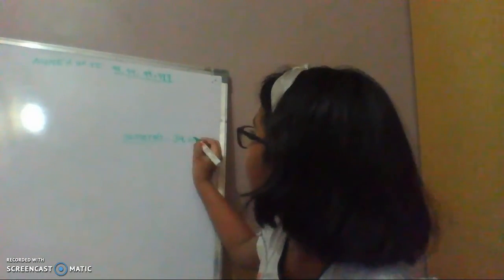Numerals means the numbers. Like 34, 24, 28,725. It's 24 lakhs. It's called numerals. So numerals means that.